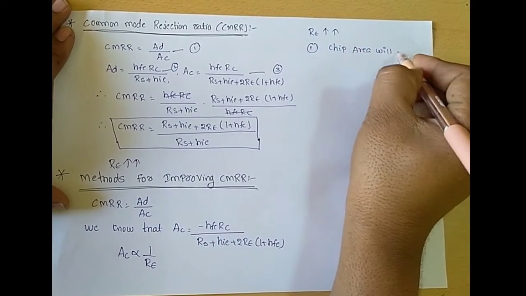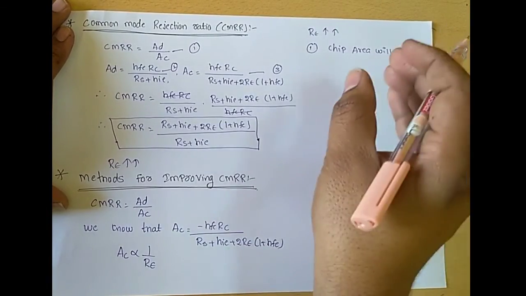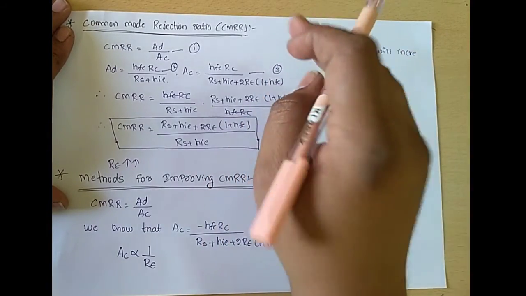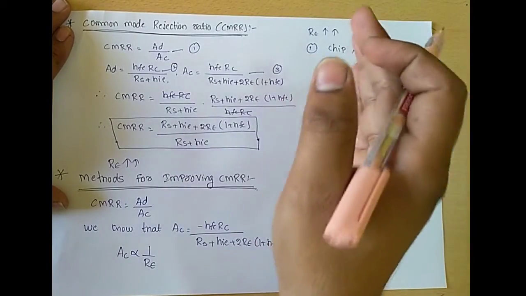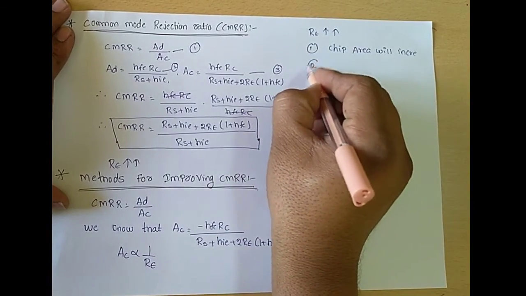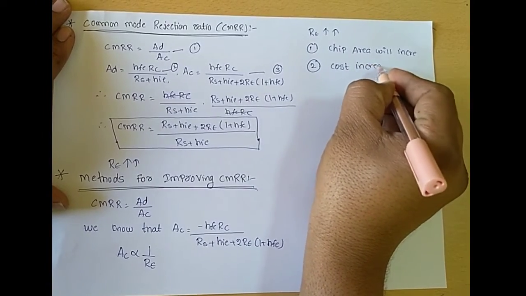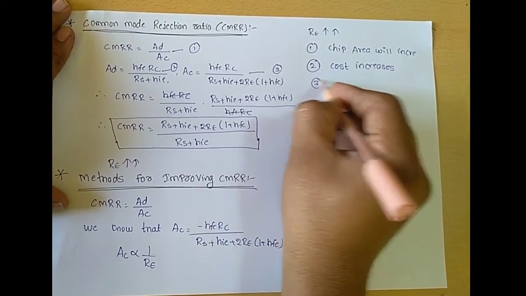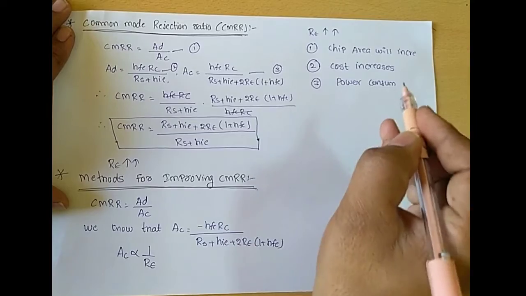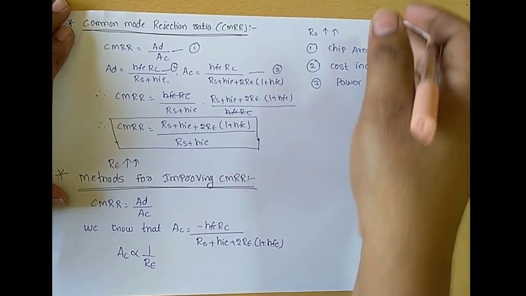It means that when we fabricate this differential amplifier in an IC with a large RE value, the chip area will increase. The second drawback is that cost increases. And the third one is that power consumption increases. So if we maintain a large RE value, we get these drawbacks.